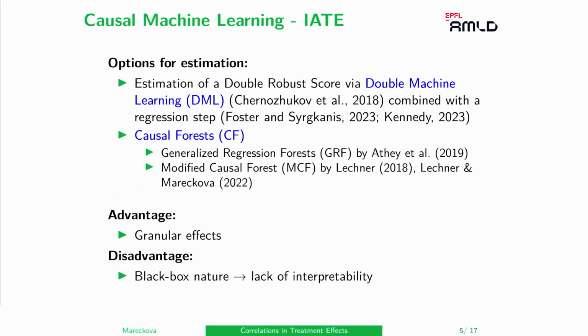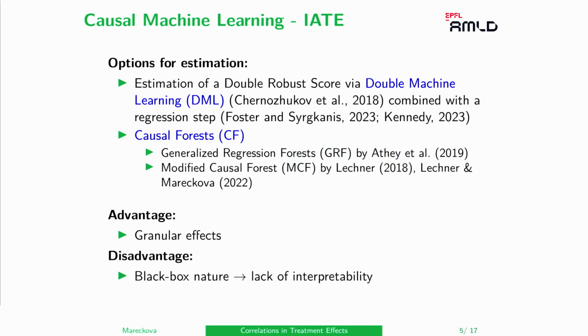So let's now have a quick look at some of those methods that sit under this umbrella of causal machine learning. When we use causal machine learning to estimate the individualized average treatment effect, there are 2 options. One of the identification results leads to the so-called doubly robust score, and this doubly robust score can be estimated by the double machine learning framework introduced in the paper by Chernozhukov and others.